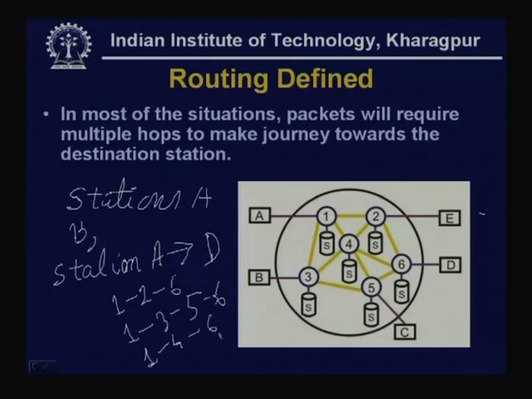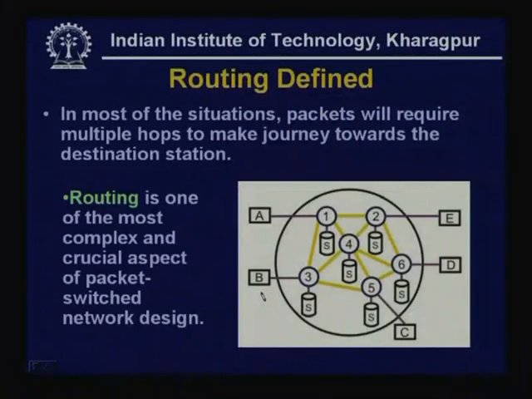So, the key point that I would like to make is, from a particular station to another station, source to destination, there exist multiple paths, and routing is a mechanism for finding out the most cost effective path from a source to a destination. So, for a source destination pair, the intermediate nodes through which the packets are to be routed is given by the routing algorithm.